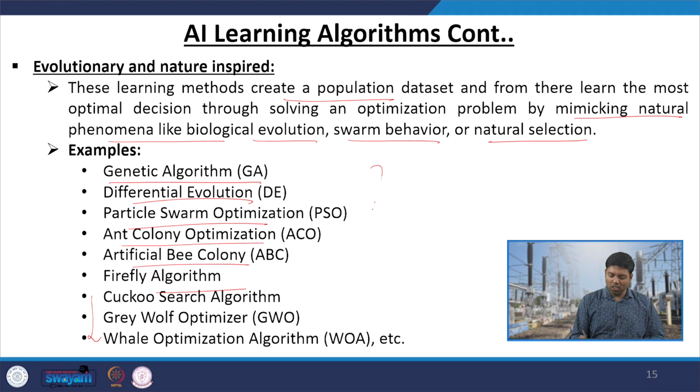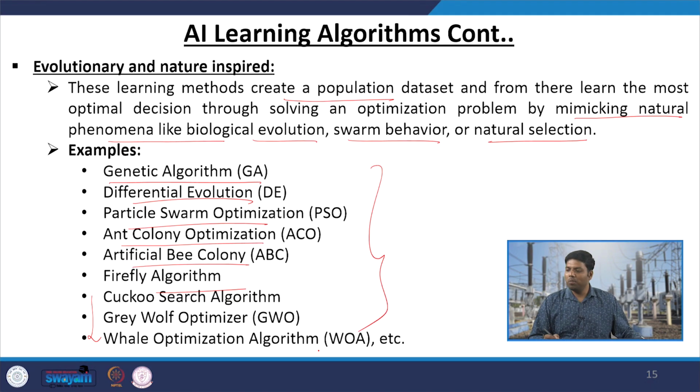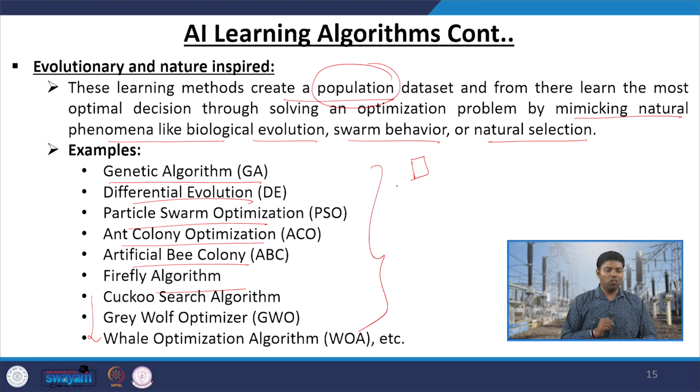The only problem with this kind of evolutionary algorithm is that they have a slower convergence rate, and second, the learning process may not always be efficient and you may get stuck in a local solution, and it highly depends upon the size of the population you took at the initial stage. If your system is very complex, that means if you cannot model your system properly, then generally we go for heuristic optimization.